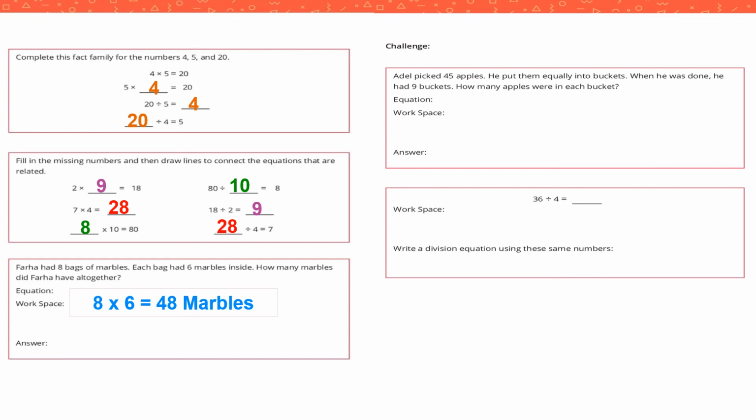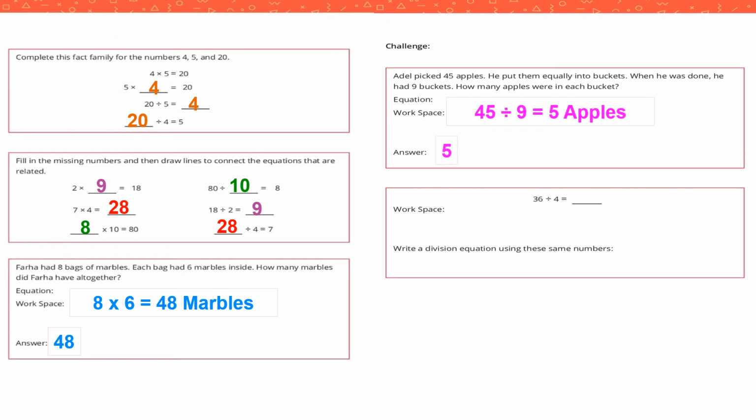Okay, how many apples were in each bucket? I will divide, sure. 45 divided by 9 from table 9 equals 5 apples. So the answer is 5.